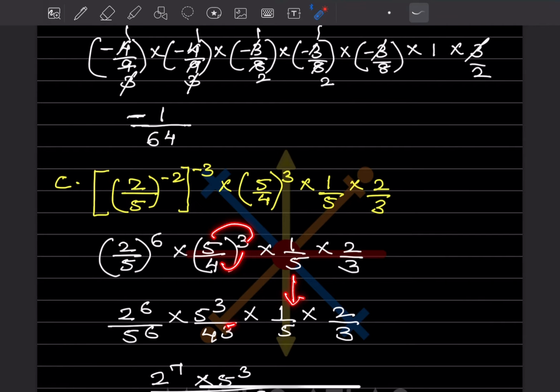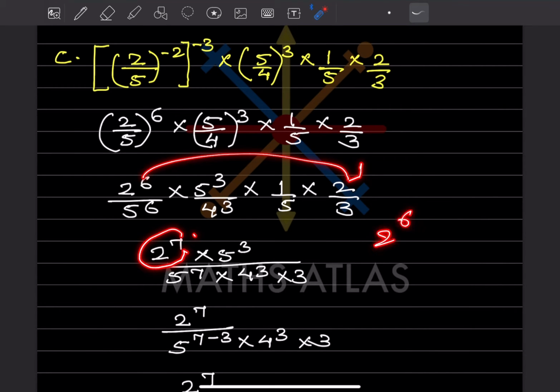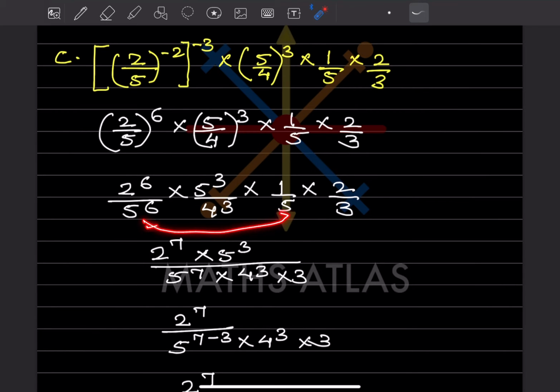For the 2s, that will be 2 raised to 2 into 2 raised to 1, so 2 raised to 6 plus 1, which is 2 raised to 7. Then 5 raised to 3 as it is. Now for 5 raised to 6 plus 1, that is 5 raised to 7. The rest stays the same.